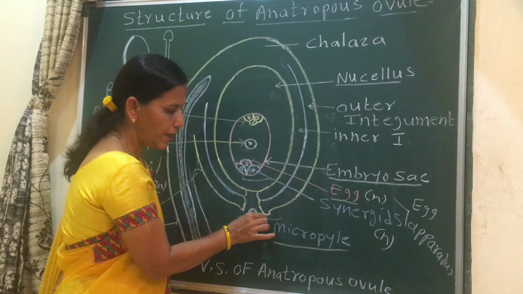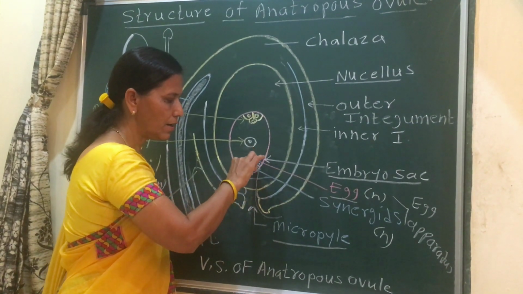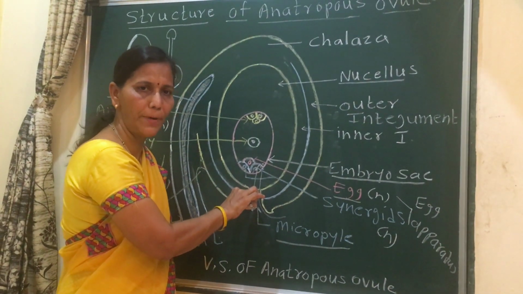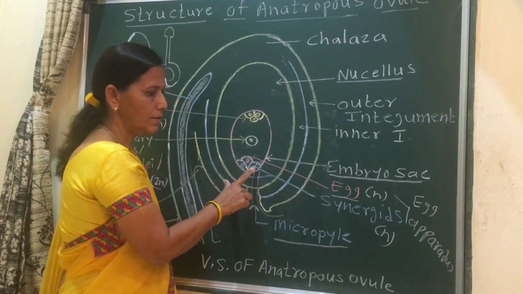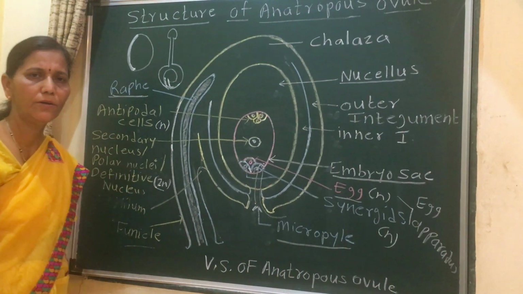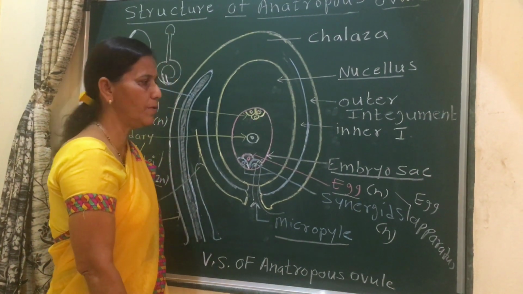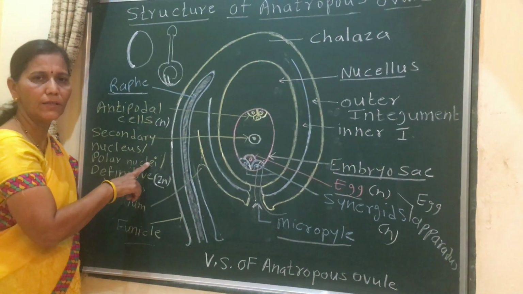This pollen tube when it enters through the micropyle, first it enters into the synergid due to the filiform apparatus, and then it bursts open. So function of synergid, it attracts the pollen tube or guides the pollen tube and helps in the process of fertilization.